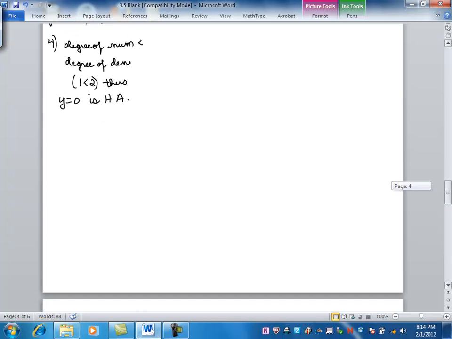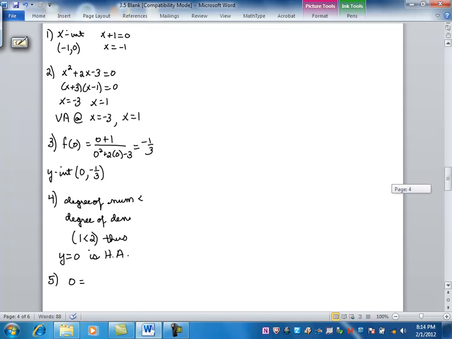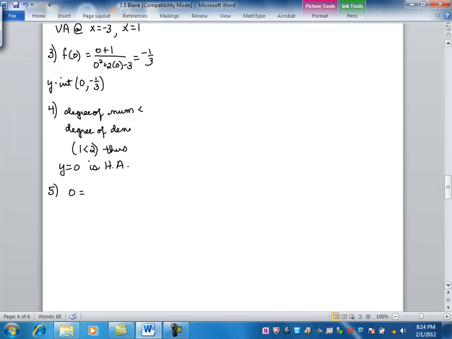Step 5 here, we want to see if the graph will cross that horizontal asymptote. So we're going to set our function equal to 0: x plus 1 over x squared plus 2x minus 3. Well, let's check this out, guys. We multiply both sides by the denominator here. We get 0 equals x plus 1. Hey, we've been down this road before.